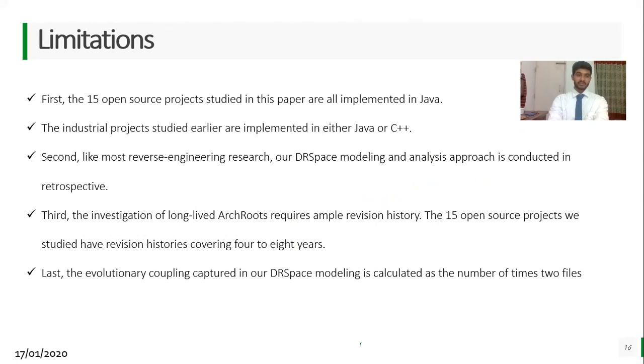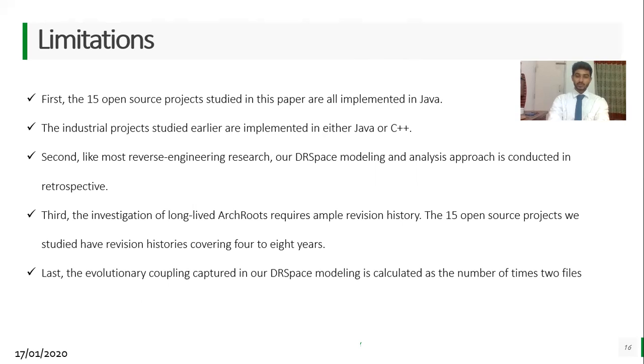This paper has some limitations. First, the 15 open source projects studied in this paper are all implemented in Java, while industrial projects are implemented in either Java or C++. Second, like most reverse engineering research, our DRS space modeling and analysis approach is conducted in retrospect. Third, the investigation of long-lived architecture roots requires ample revision history.